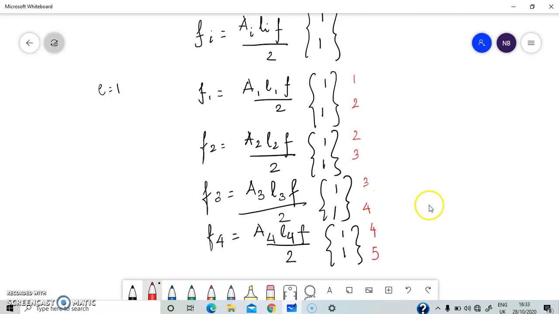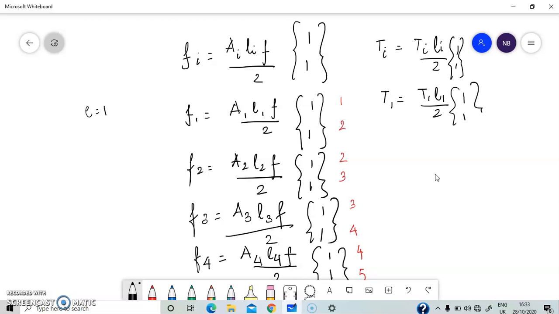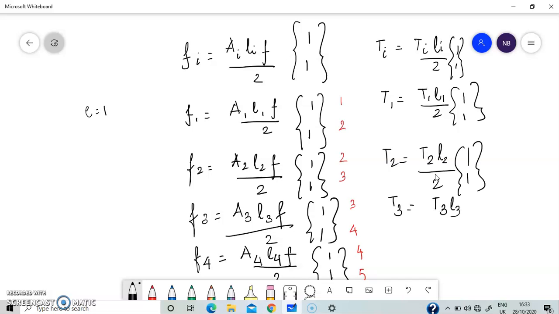Okay, similarly let's write down the traction force, which is given by T_i L_i upon 2 [1 1]. So I'm writing this down for each and every element.